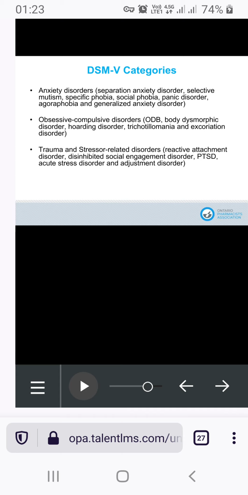Obsessive compulsive disorder, body dysmorphic disorder, hoarding disorder, trichotillomania, and excoriation disorder. Trauma and stressor-related disorders: reactive attachment disorder, disinhibited social engagement disorder, PTSD, acute stress disorder, and adjustment disorder.